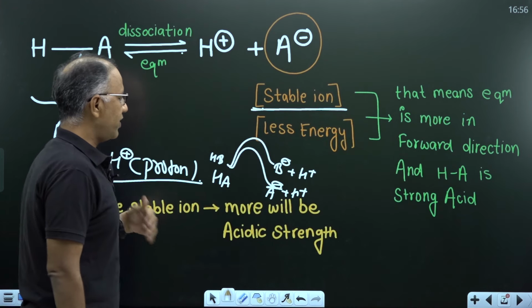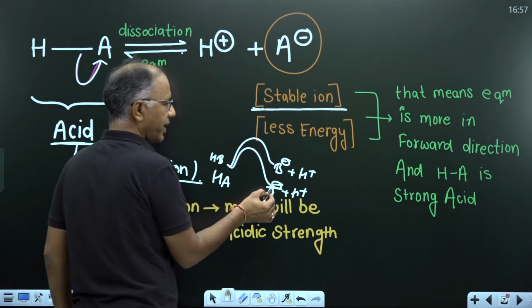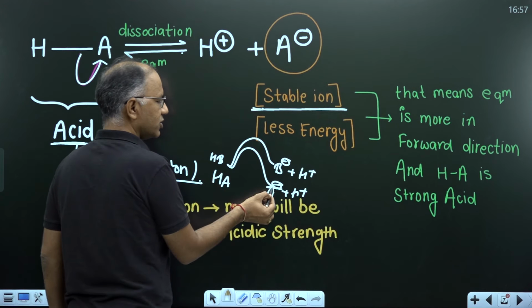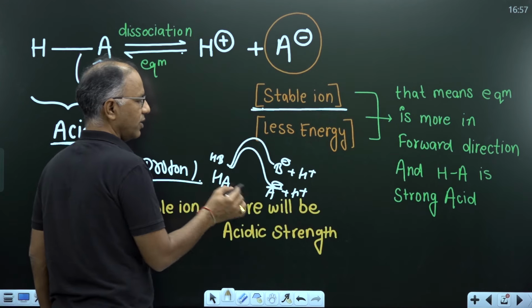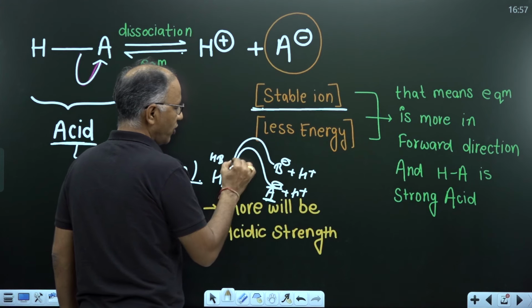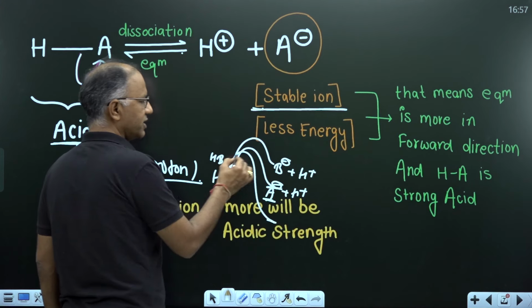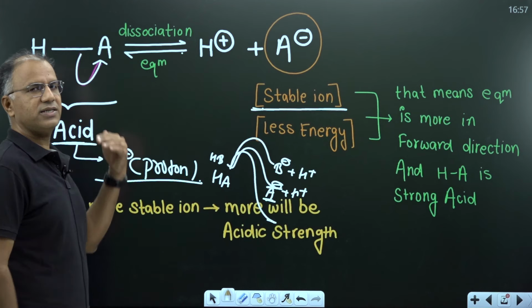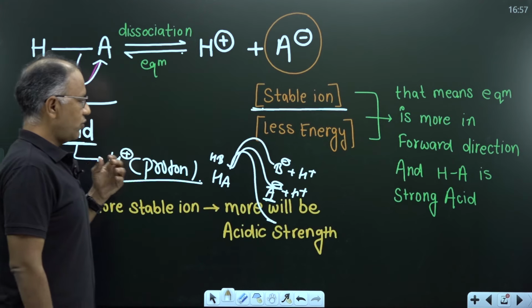Or we can explain in another way: more the stable A minus, less chances of converting A minus back, so chances of backward reaction are very less because it is stable. So more will be the stability, less will be the chances of backward. Less chances of backward reaction means more will be forward direction. So what is the explanation?